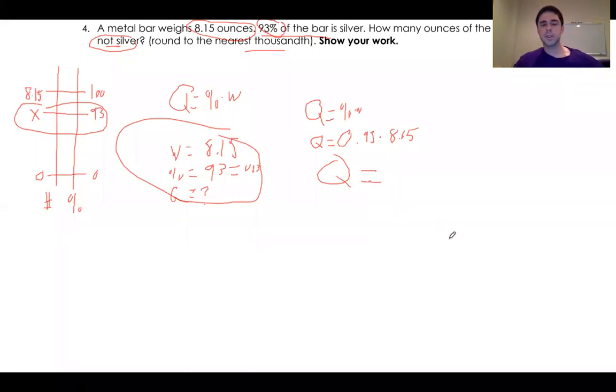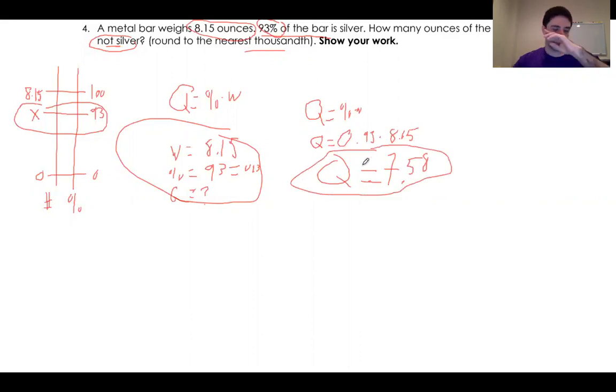So we got one answer. Let me double check that. I think I rounded a little differently. Yes, that's going to work perfectly. Awesome. Both of you guys got it. We round a little bit differently. So I'm going to say that it's around 7.58. All right, it's going to be 7.58. It's going to be our quantity here.